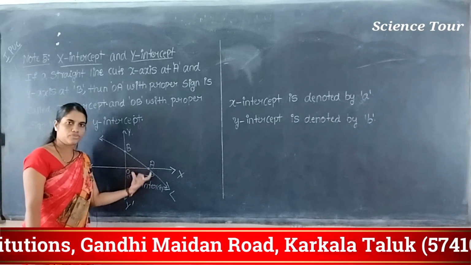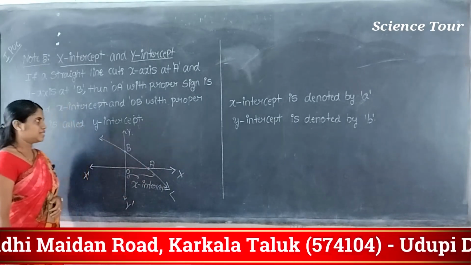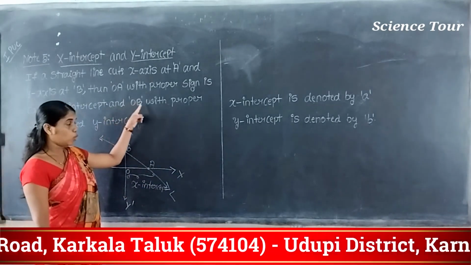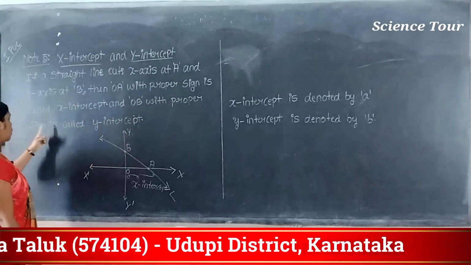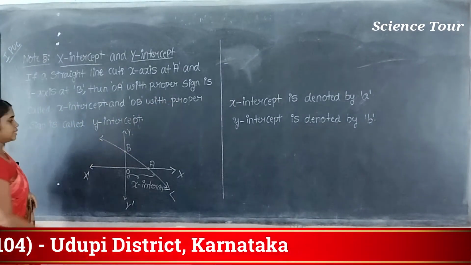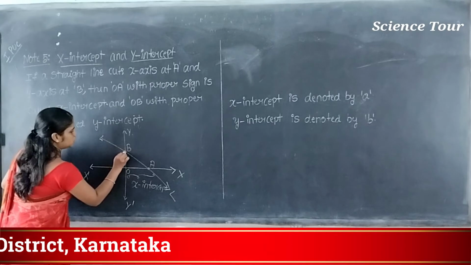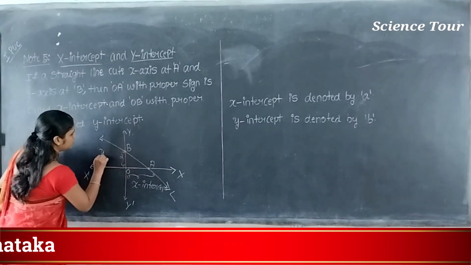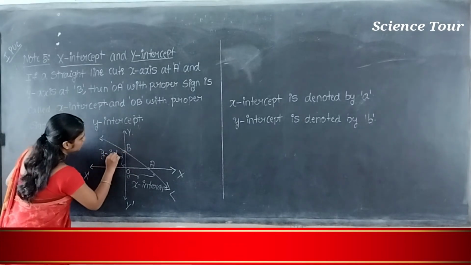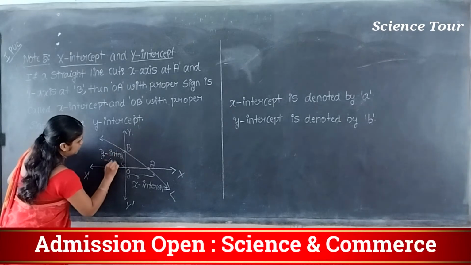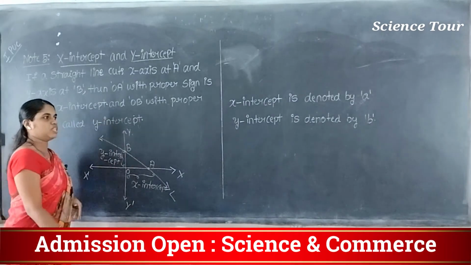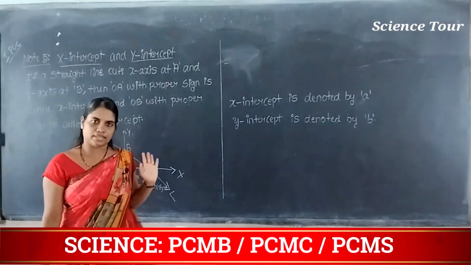OB, with the proper sign, is called the y-intercept. So this is the meaning of x-intercept and y-intercept. Understood?